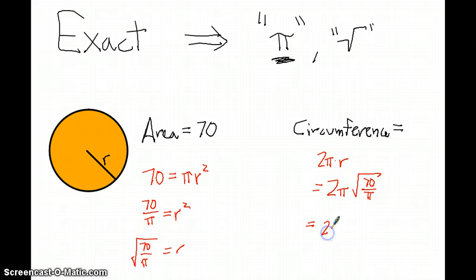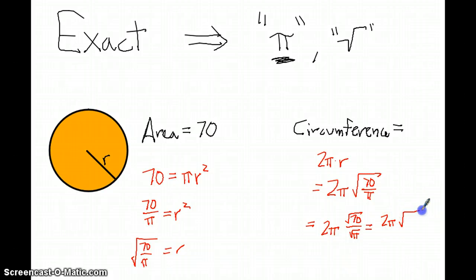2 pi times the square root of 70 over the square root of pi. I kind of want to change that so I don't have a square root of pi in the bottom. Let's make this 2 pi on top now times square root of pi. Multiply this by square root of pi over pi.